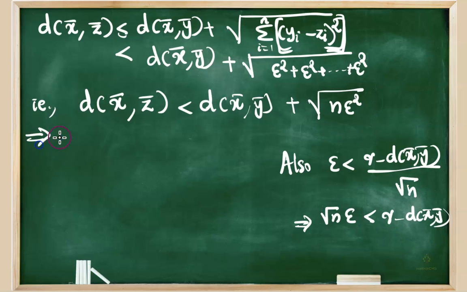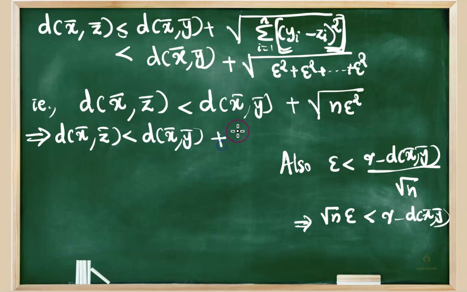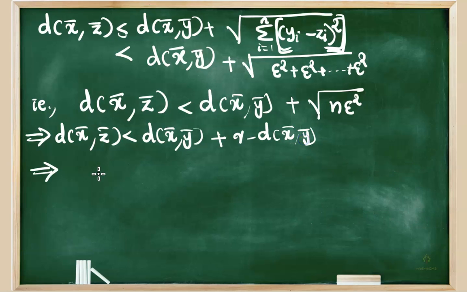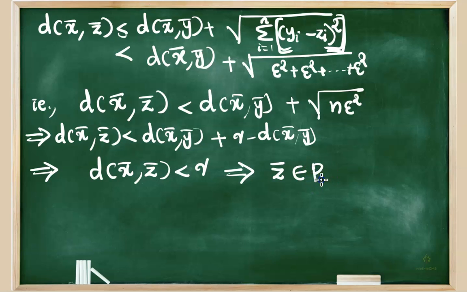So, we have d(x̄, z̄) is less than d(x̄, ȳ) plus r minus d(x̄, ȳ). So, we have obtained the relation d(x̄, z̄) is less than r. Hence, z̄ is a member of the open ball centered at x̄ with radius r.